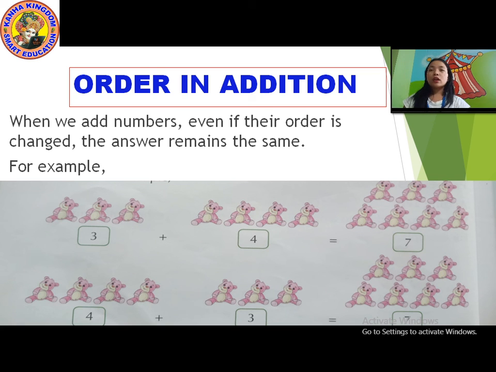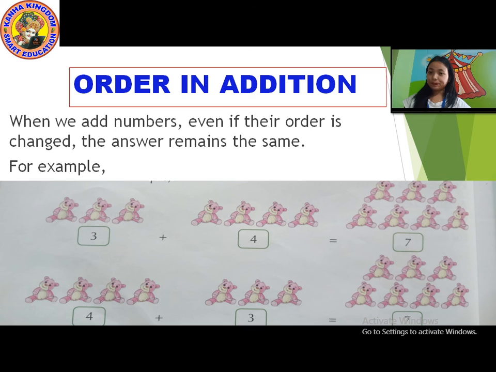So order in addition means when we add numbers, even if their order is changed, the answer remains the same. Okay student, this is a way of adding numbers with changing their order, so the answer remains the same.